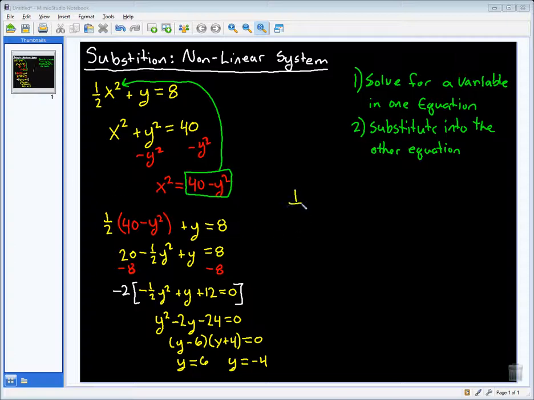So I would start off with 1/2 x squared plus, and I'm going to plug in the 6 first, and that's equal to 8. Now I can subtract the 6 from both sides, and I get 1/2 x squared equals 2.